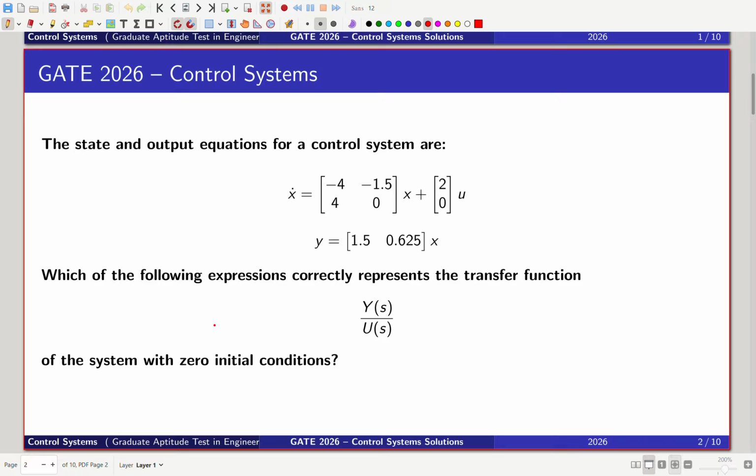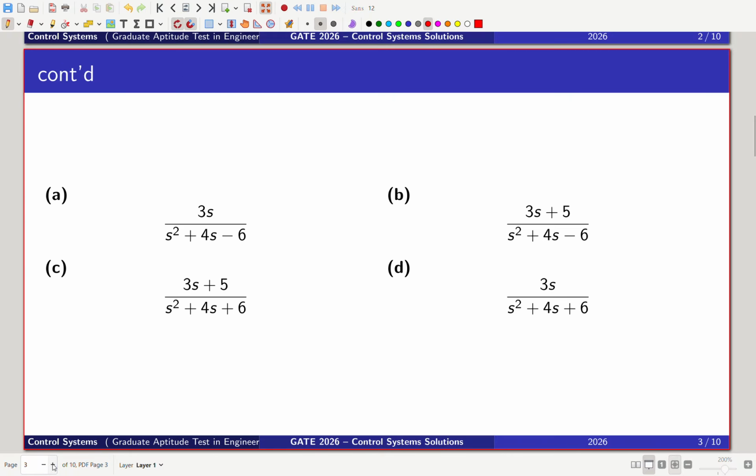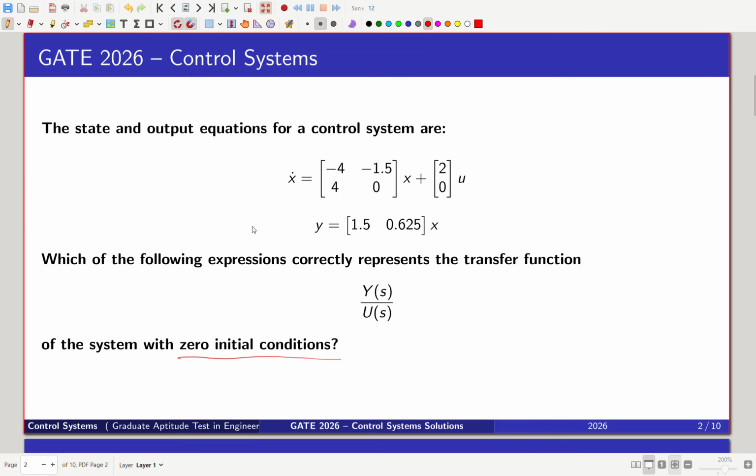Which of the following expressions correctly represents the transfer function, provided zero initial conditions? Here we need to find the transfer function through the state space. x dot is equal to Ax plus Bu, y is equal to Cx plus Du. Our output is Y and input is U. This we need to find out.